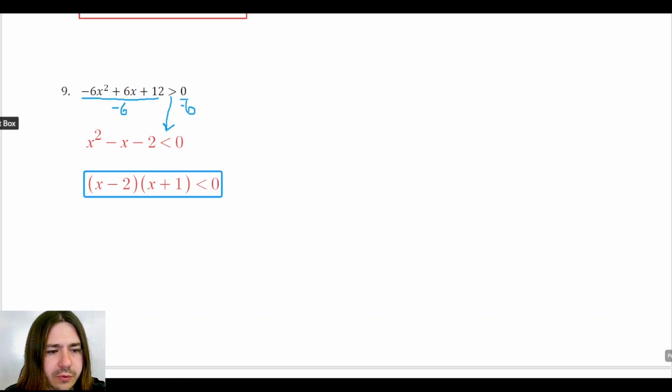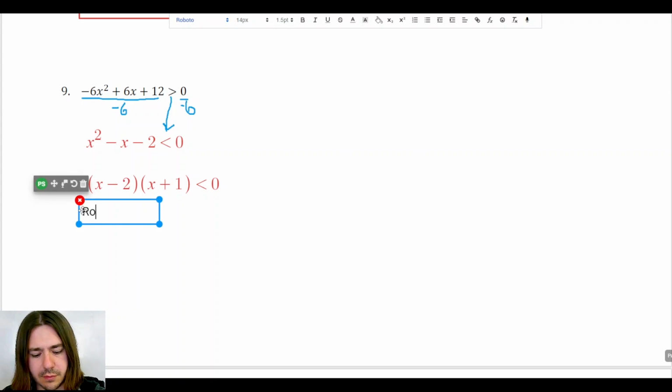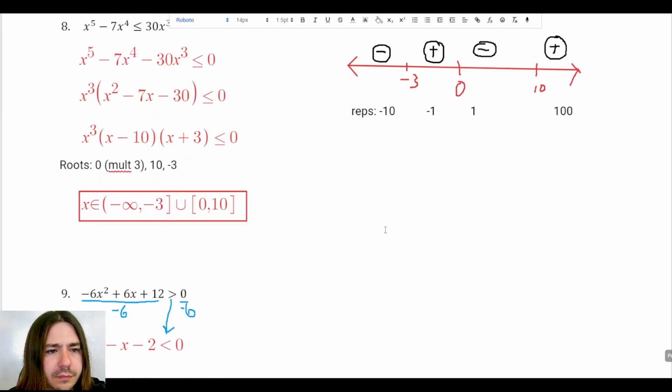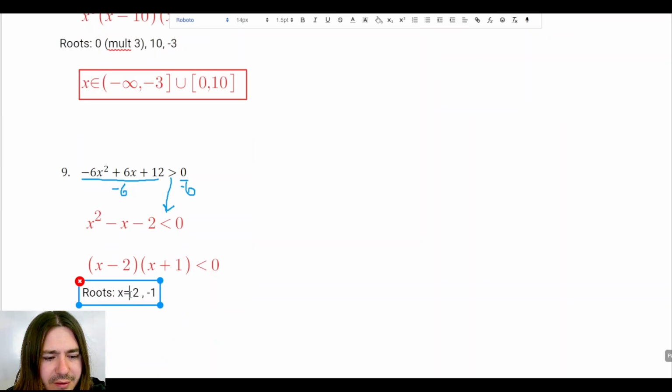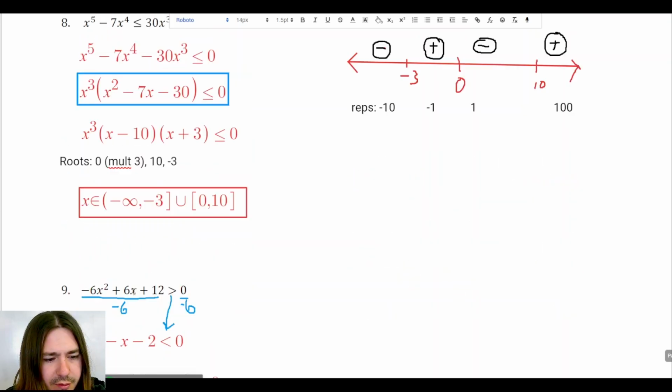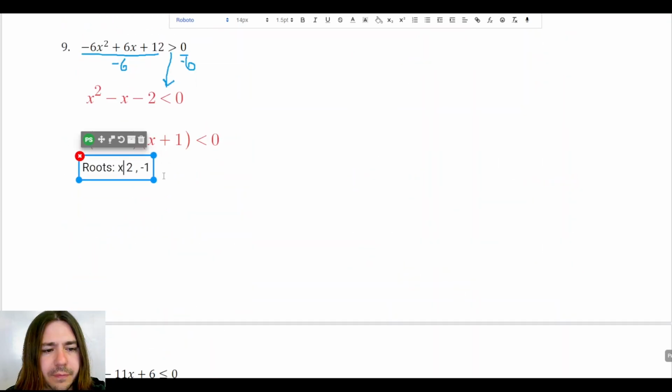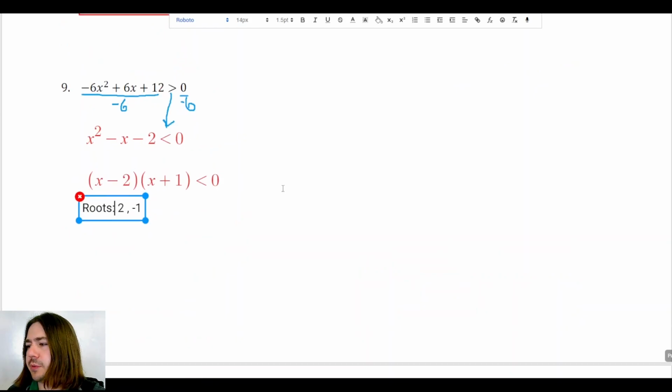So my roots are going to be at x equals 2 and negative 1. What happened there? All right, yeah, my roots are at 2 and negative 1.